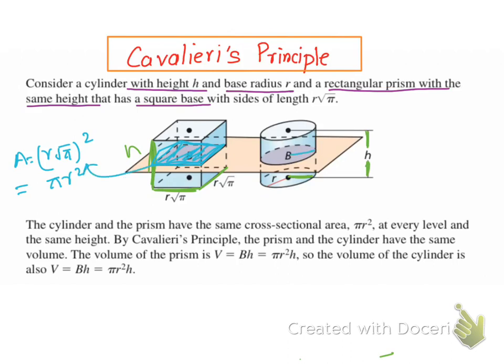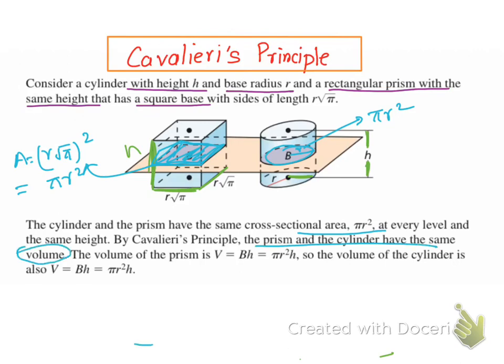In the same way, the cross-sectional area of the cylinder is also pi r squared. The cross-sectional area is the same at every level, no matter where you find the cross-section. Then by Cavalieri's Principle, the prism and cylinder have the same volume.